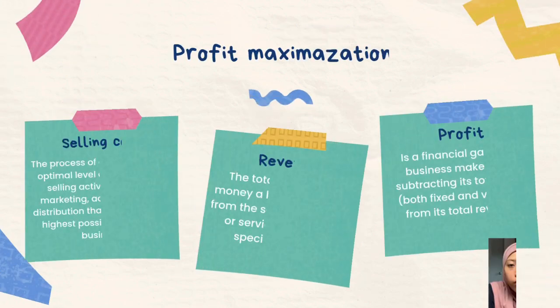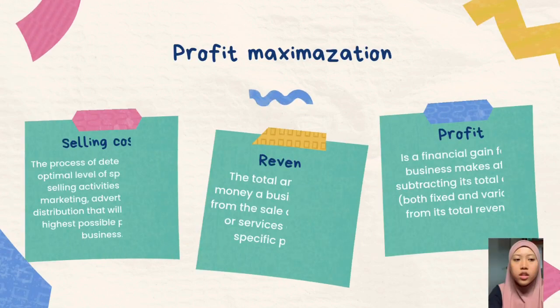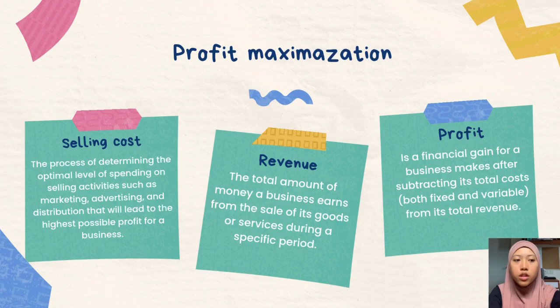And now, profit maximization. There are three parts of profit maximization: selling cost, revenue, and profit. Selling cost is the process of determining the optimal level of spending on selling activities such as marketing, advertising, and distribution that will lead to the highest possible profit for a business.